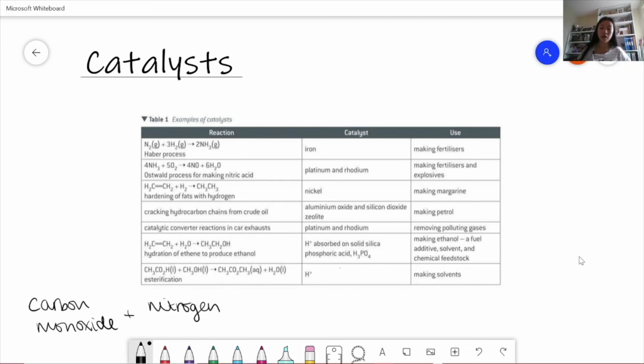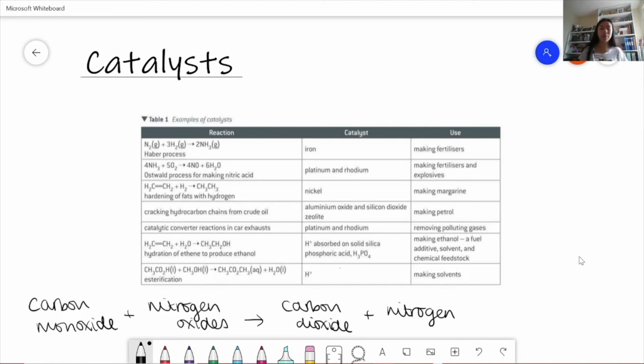Both of these are polluting gases, and they can react together in this catalytic converter to form carbon dioxide gas, which is normally found in the air, and nitrogen. So these two less polluting gases are formed from two very polluting gases. And so that's how catalytic converters work.